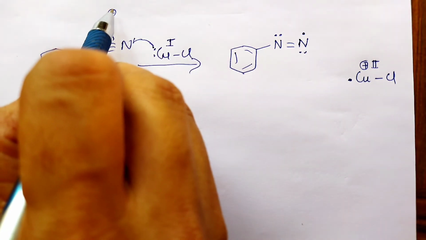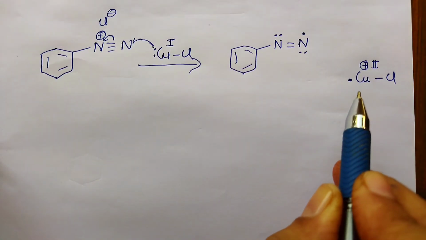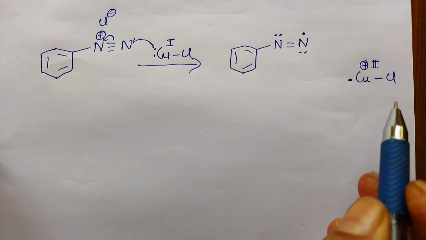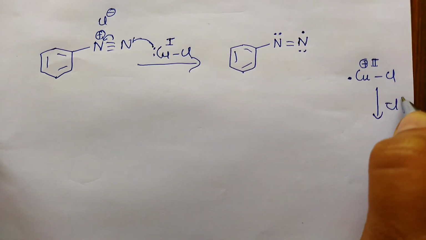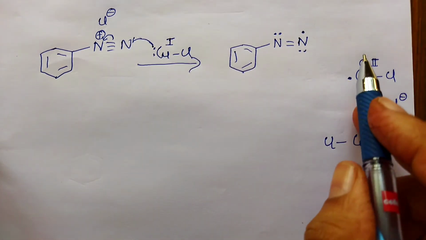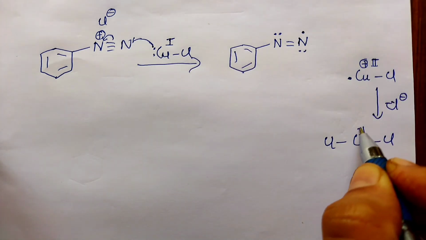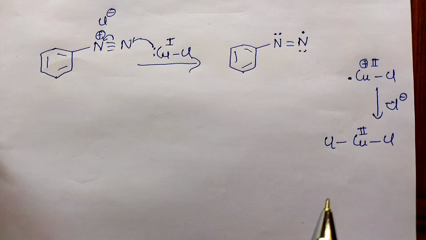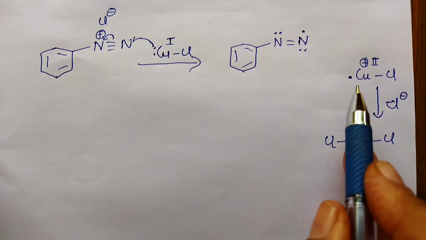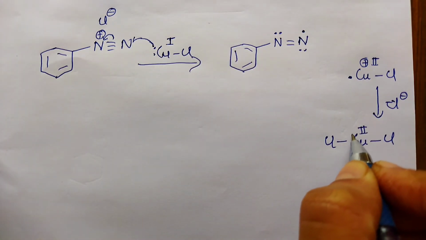So this chloride ion establishes bond with CuCl in this fashion. So this positive charge is neutralized now because of the chloride. The oxidation state remains as +2 only, and the odd electron also remains the same.